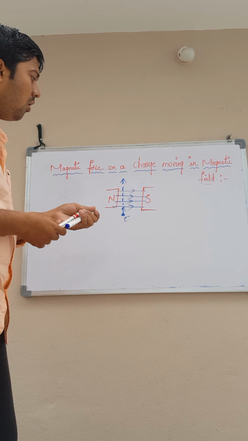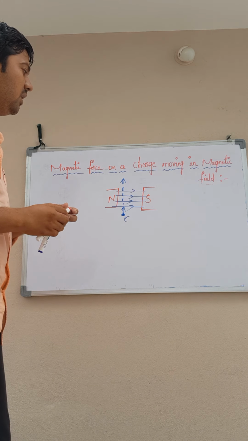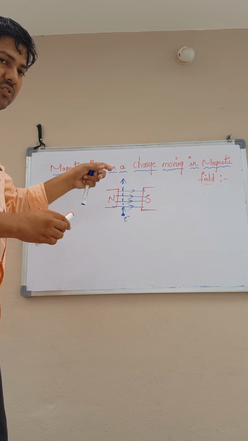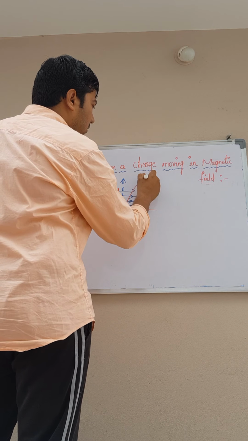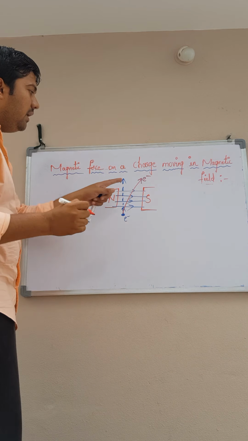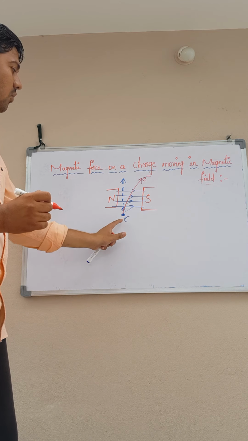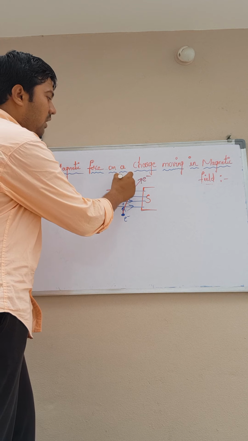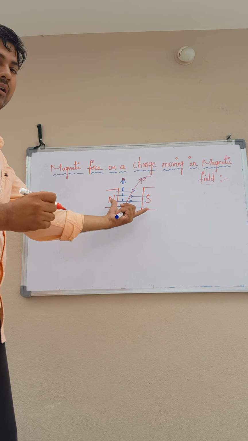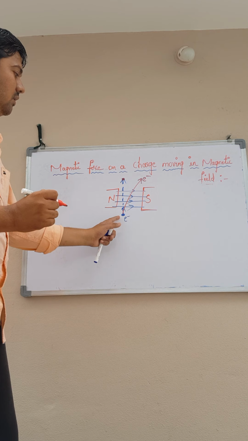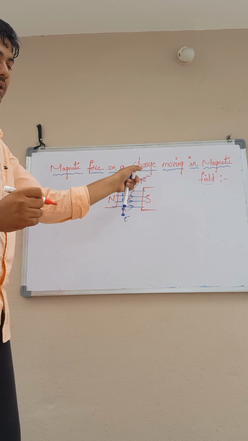But since the electron is moving in a magnetic field, instead of going straight, it will move in a curved path and it will reach the destination at this point. Because of the magnetic field around the electron, it will move in a curved path and reach this point.